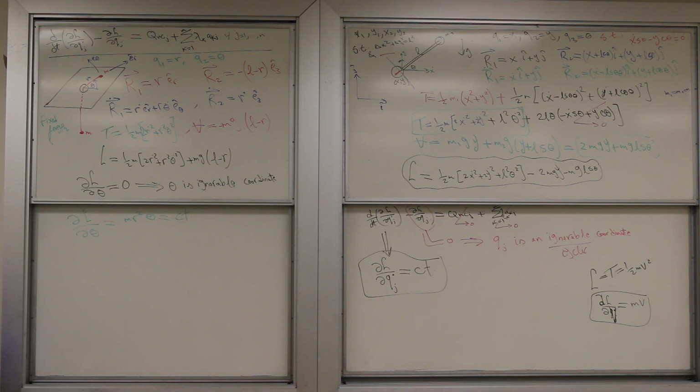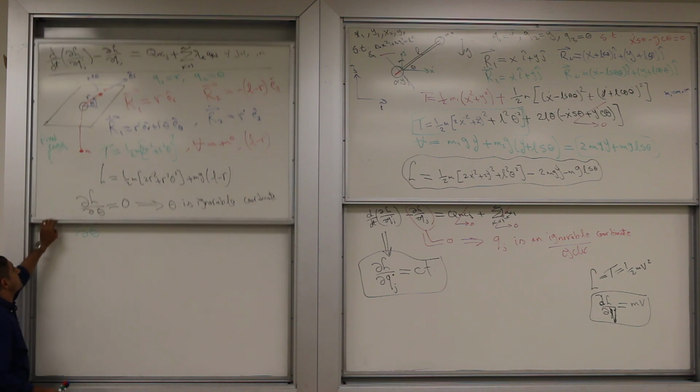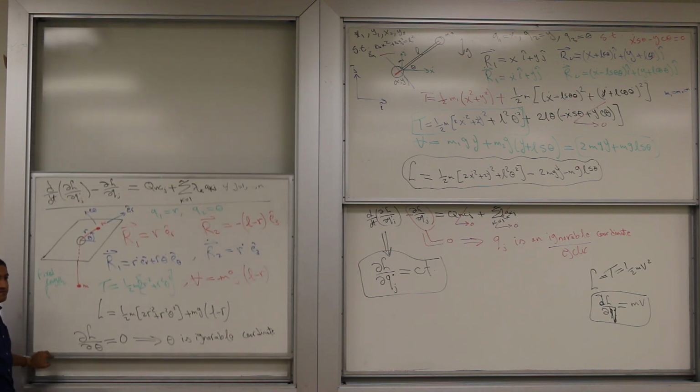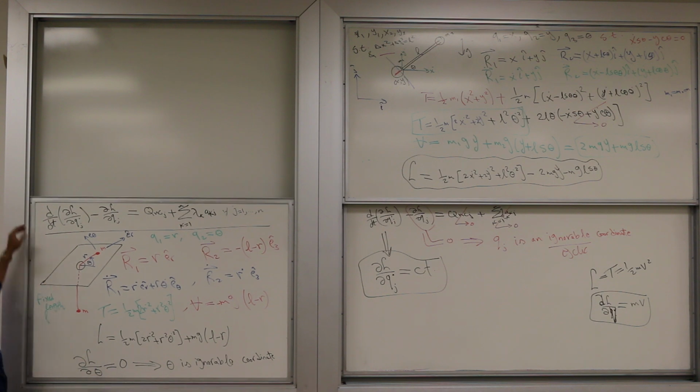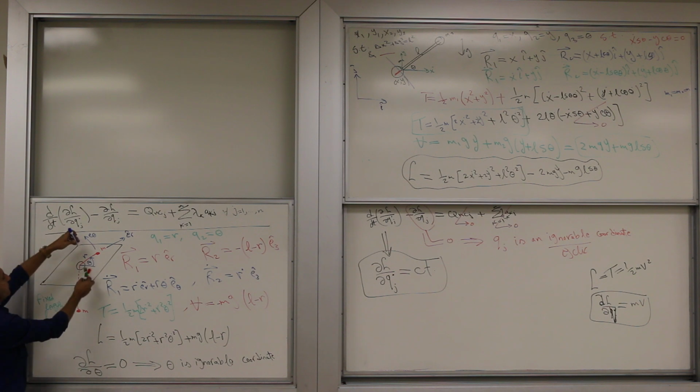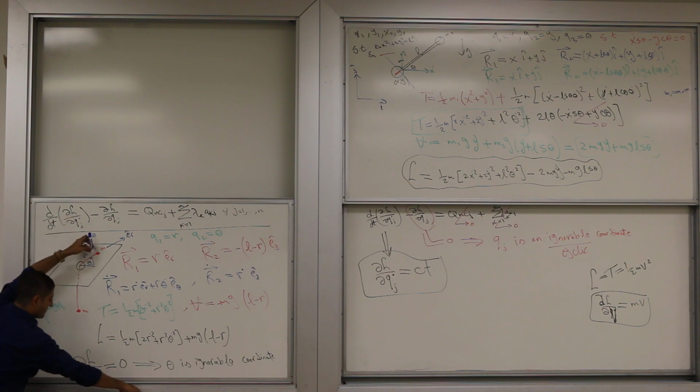Can you get this from Newtonian mechanics? Yes, of course. But you need to be really clever. Why? Here it is. Look at this. What are the acting forces? Gravity. This guy, along the vertical direction, I have normal force, right?